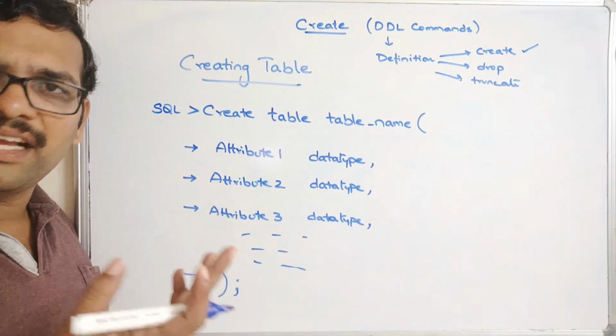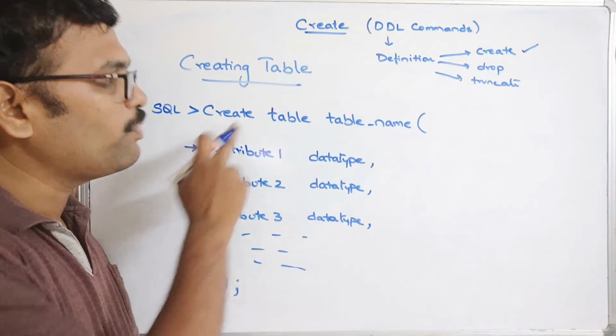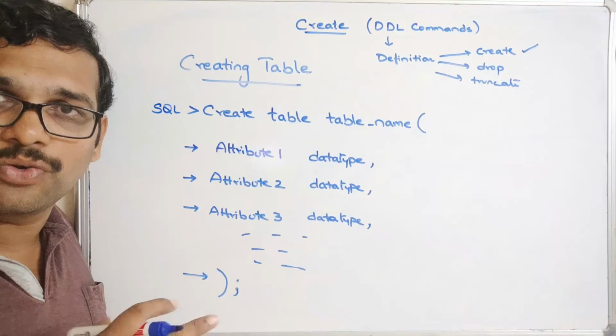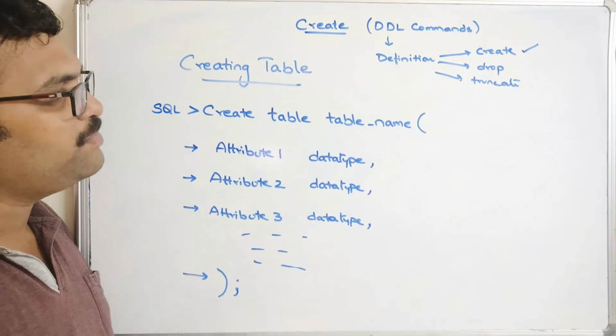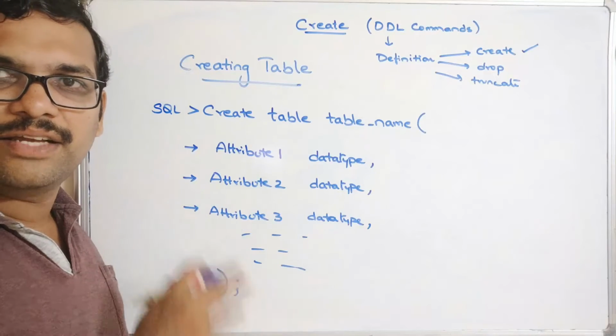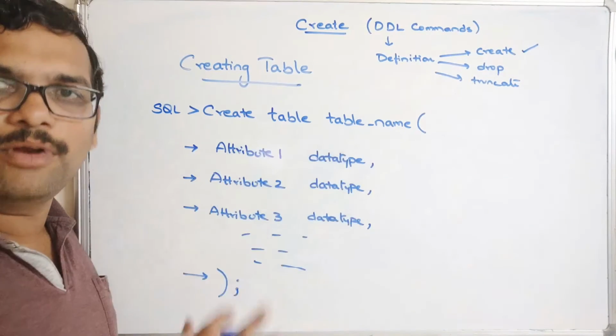There are many constraints, and they should be given for the attributes while creating a table. We have not discussed these constraints so far, so in this session I am just showing how to create a table without any constraints. This is a simple creation of a table.